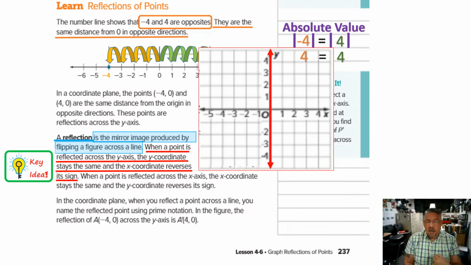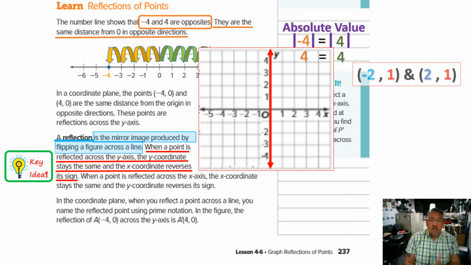So what that is saying is, if I have something reflecting once again across the y-axis, then I know I'm going to have a point that has to stay the same. So, such as this example, if it's going across the y-axis, the y-coordinate has to stay the same. Notice what happens to the x-coordinates.